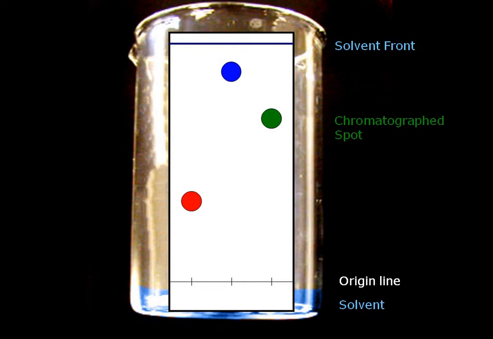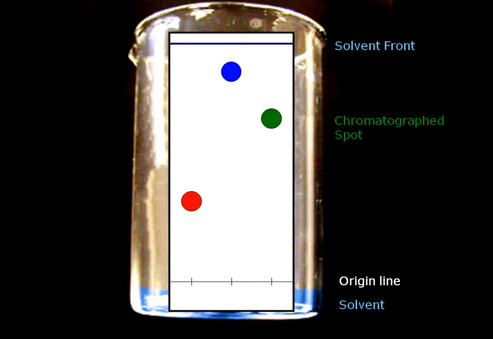In this, we can easily say that the orange spot is less soluble, the green spot is more soluble comparatively to the red spot, and the blue spot is more soluble comparatively to the green spot.